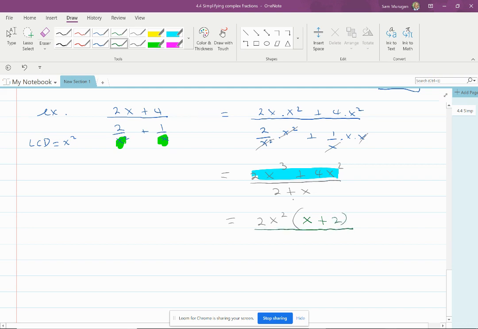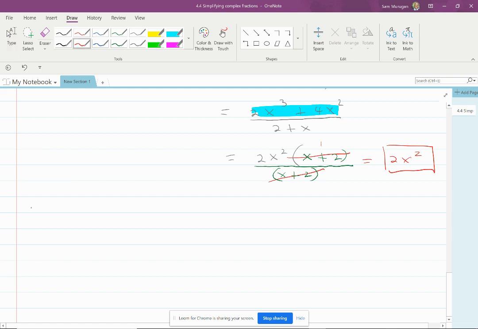On the denominator, 2 plus x is the same as writing x plus 2. And x plus 2 cancels out to give 2x squared.